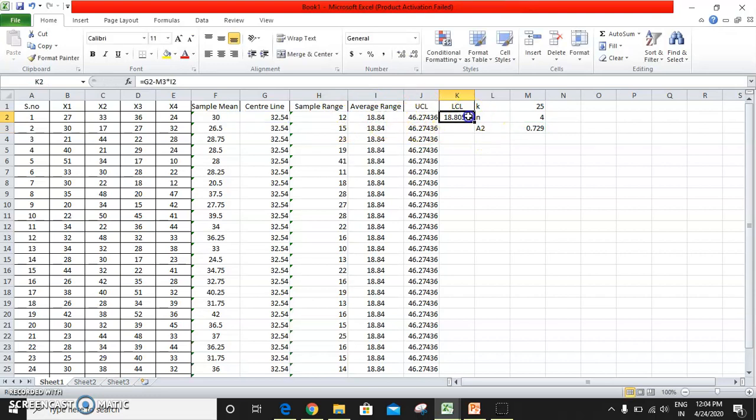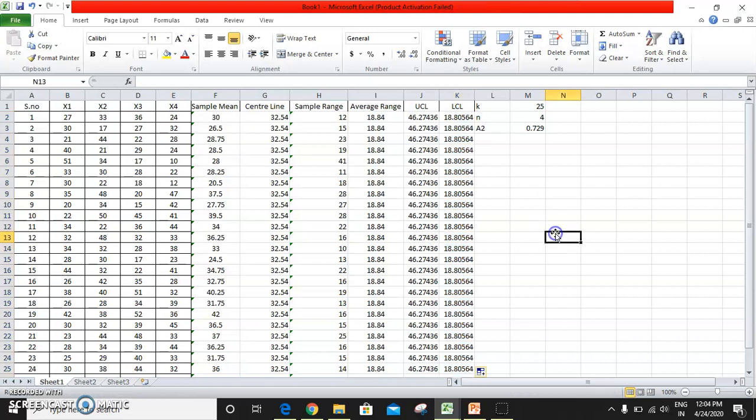Okay, and what we are going to do here, we are going to put a $ sign so that the rest of the data will also have the same value for the lower control limit. So this is your lower control limit, and by double clicking here we'll get the value of this.